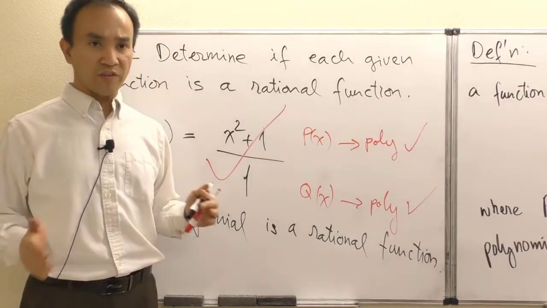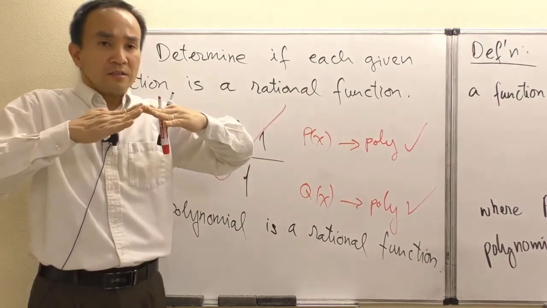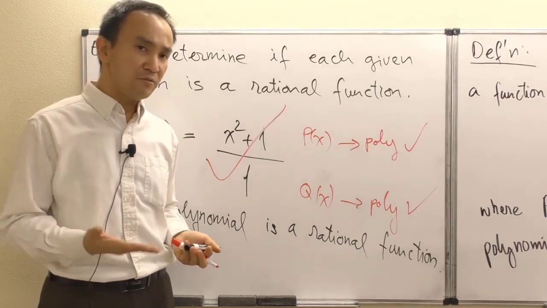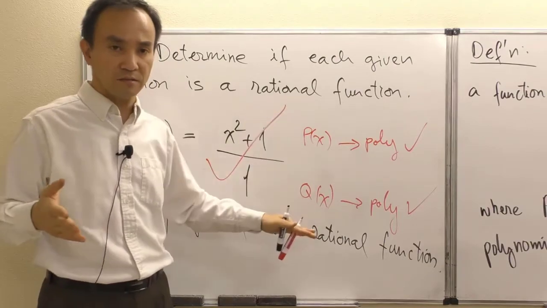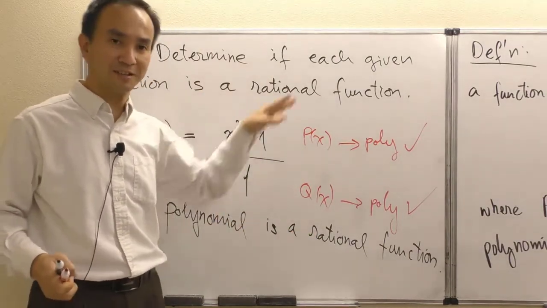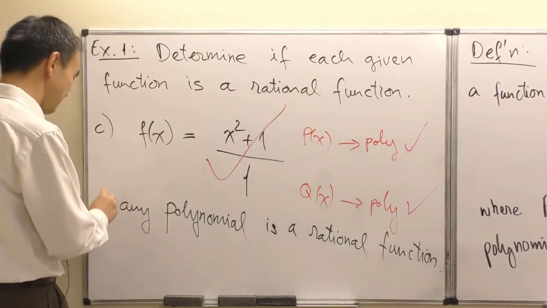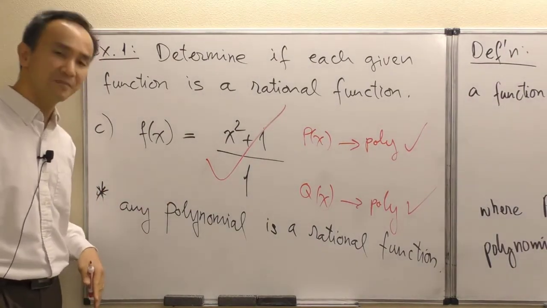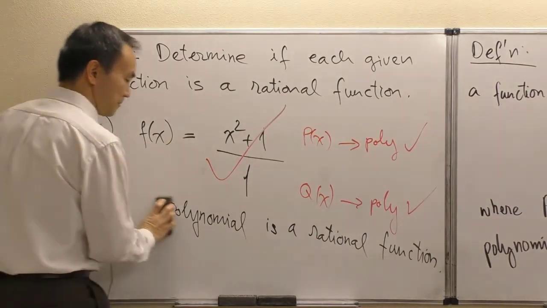All of a sudden, the functions we've learned, the whole lectures about all the polynomials that I've spent so much time looking into in depth, any of those can now be just a member or a subfamily of this bigger family, the rational functions. So that's a big star remark, that any polynomial is a rational function. All right, now let's look at another one.